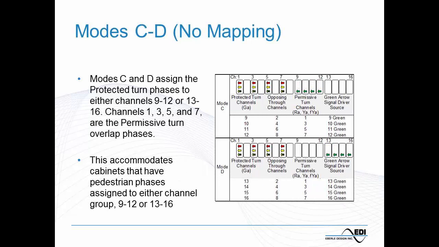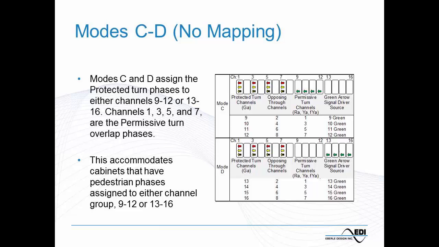Modes C and D are similar to A and B in that there's no I/O mapping. Everything is straightforward. The only difference here is we've swapped the position of the permissive channel and the protected channels. So the pairing is still the same in mode D, 1 and 13, 3 and 14, etc. This isn't necessarily any different or better than modes A and B. This might be a choice if you're doing a retrofit.